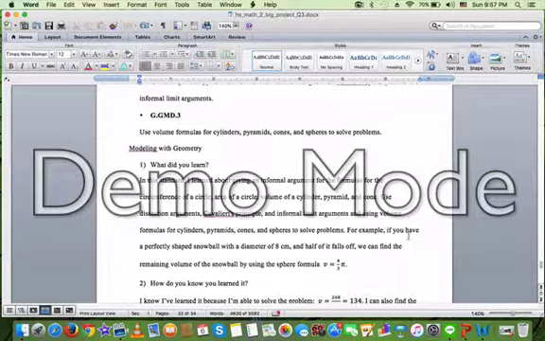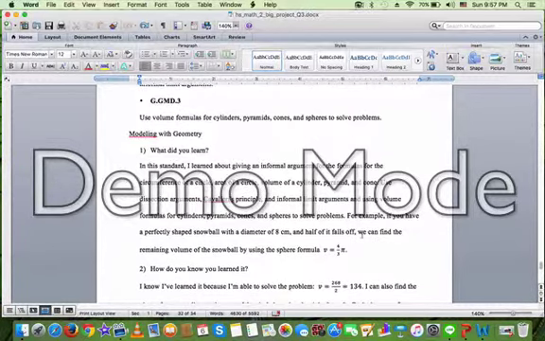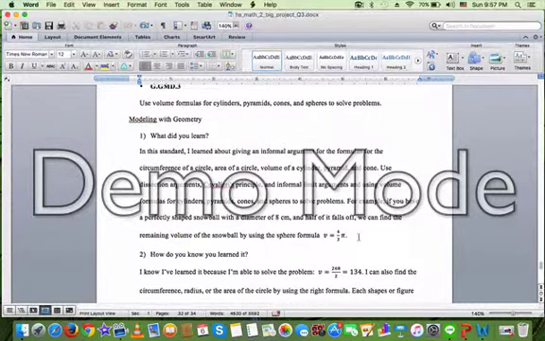And the next one, I combined two standards, which is about giving an informal argument for the formulas of the circumference of a circle, area of a circle, and volume of a cylinder, pyramid, and cone.